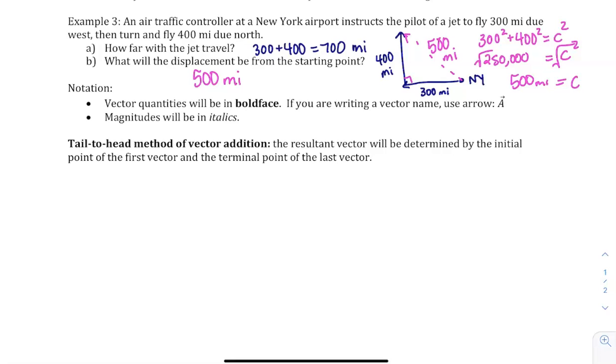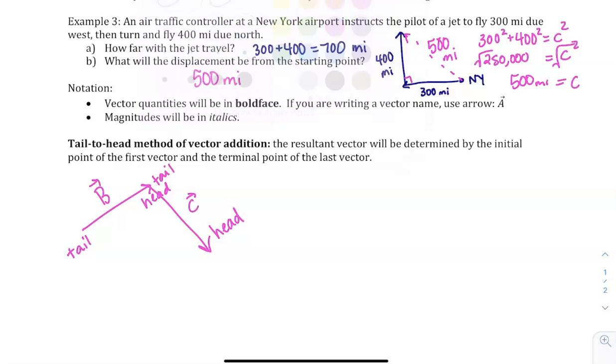So if we have some vector, we've got our tail and then our head, and then we can draw another one, with its tail at the first one's head. When we want to add two vectors, say vector B and vector C, the result is just what would have happened if I had gone directly from the start to the end.